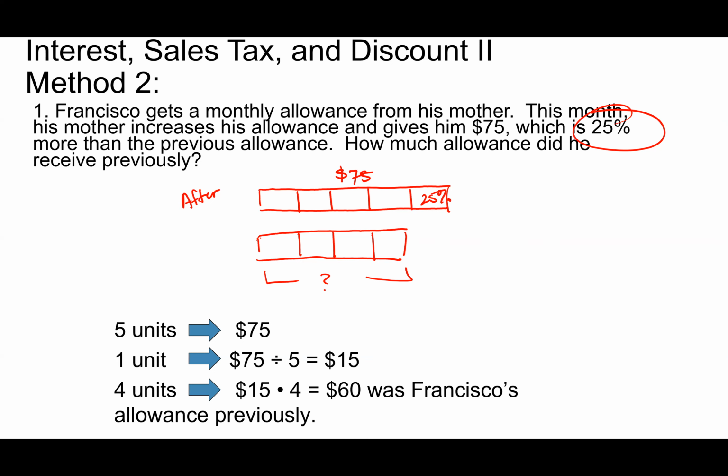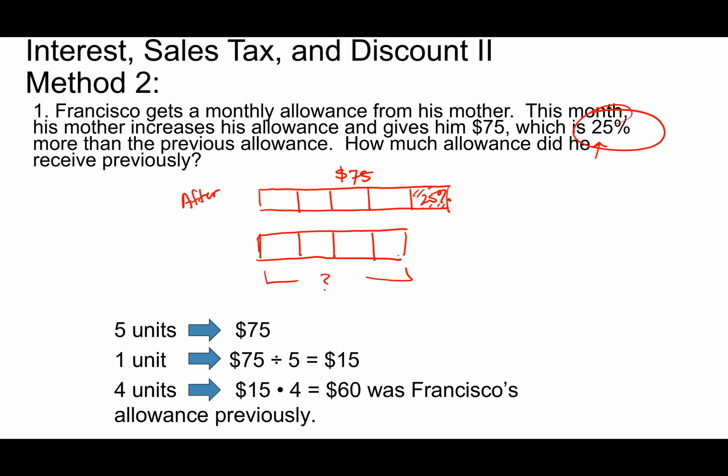So with this method, what you're doing is understanding that 100% can easily be divided up into 4 chunks of 25% each, right? So you're seeing the relationship between this 25%, which is the extra right here. And you're thinking, I know I can divide 100% up into 25% chunks, and that gives me 4 even units.